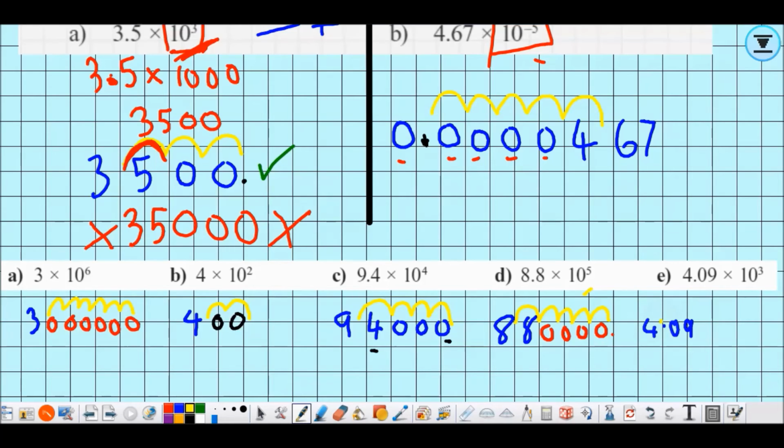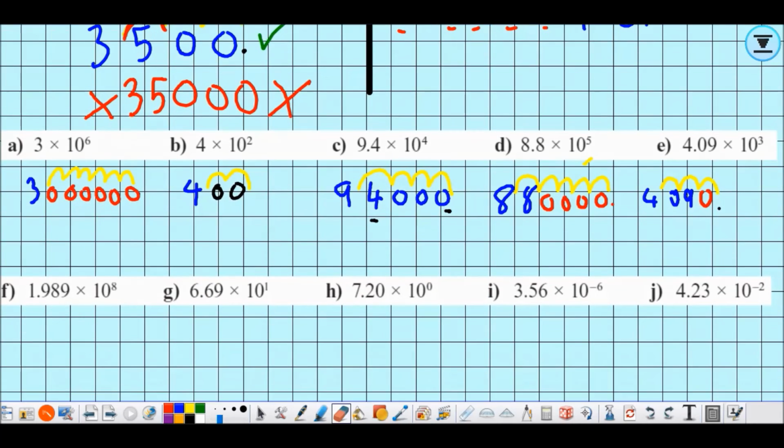I'm going to move it 3 spaces. 1, 2, 3. My decimal point has moved to the end of my number, and I only need to add 1 placeholder. Okay, so hopefully you can see that the number of digits after the decimal place will affect how many placeholders we use. So 4.09 times 10 to the power of 3 is going to be 4090.